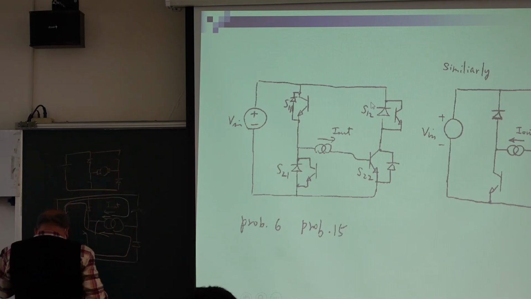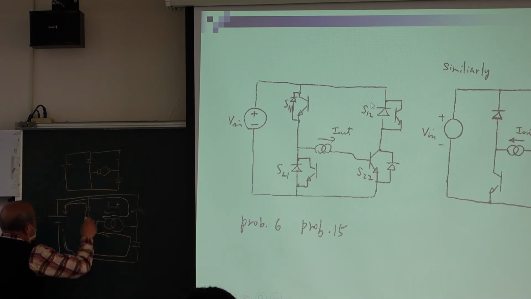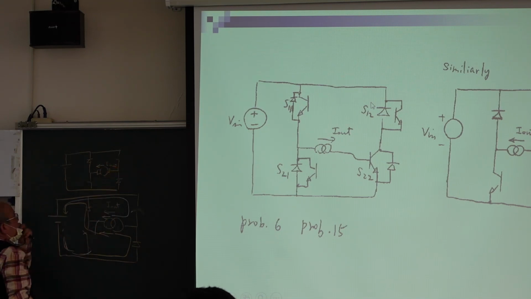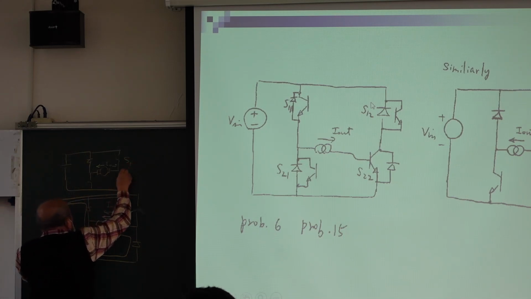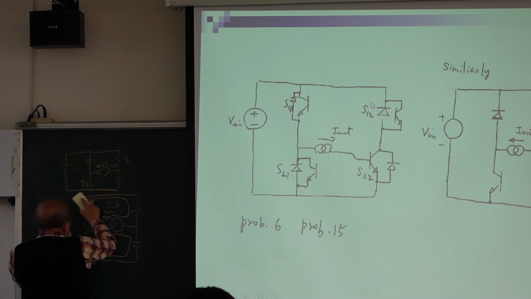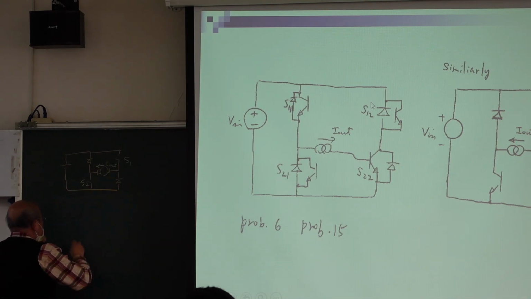If you want to get some voltage to the motor, then the current goes this way. So if you want to get the current, you can turn on S1 and S2. Then I can increase the current.